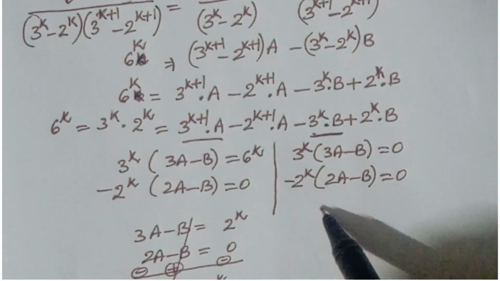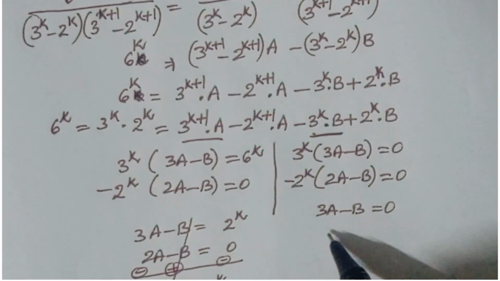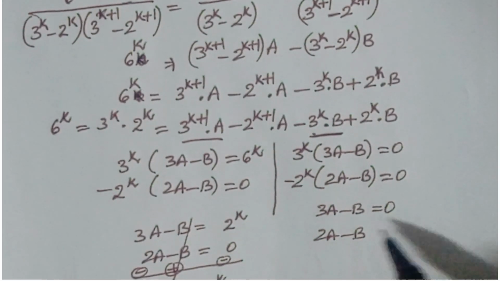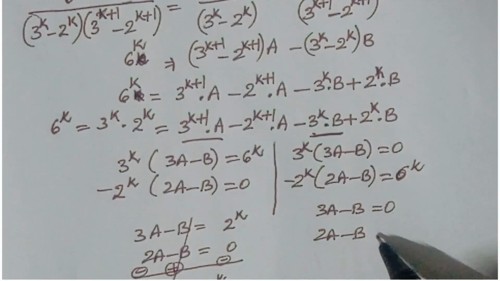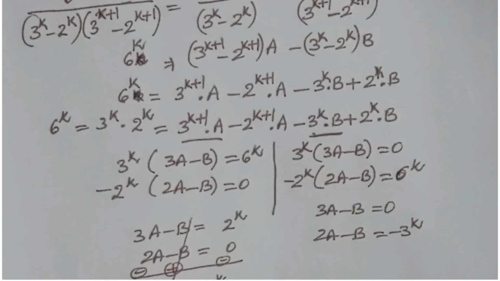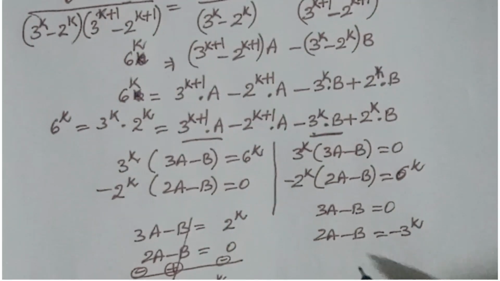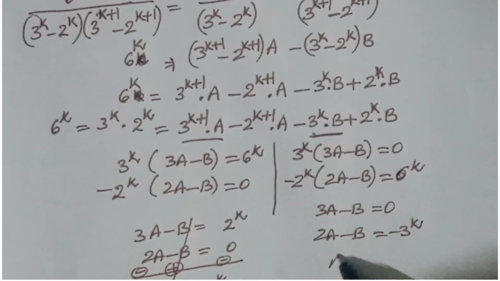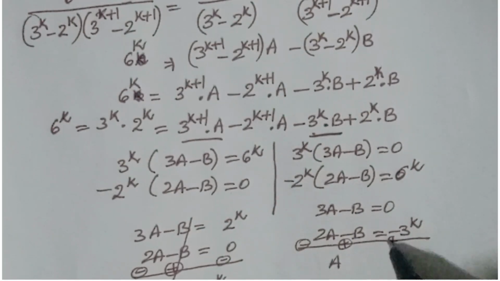Now in this case, you'll get 3A minus B is equal to 0, and for 2A minus B, here 6^k is equal to minus 2^k. So if you subtract this, minus plus, you'll get A will be equal to 3^k.